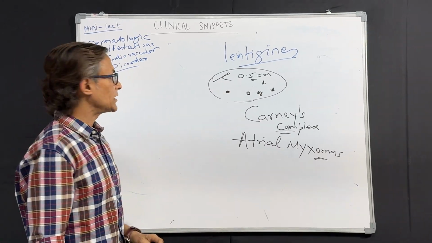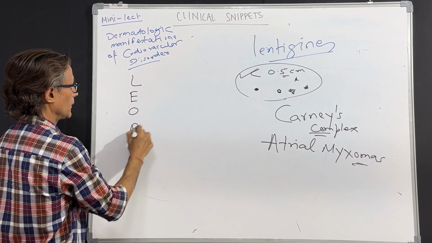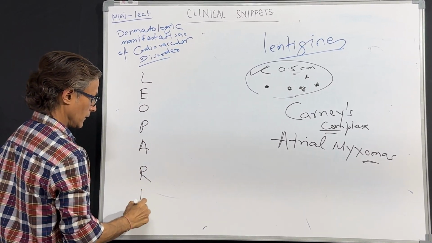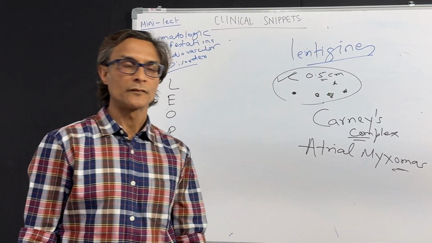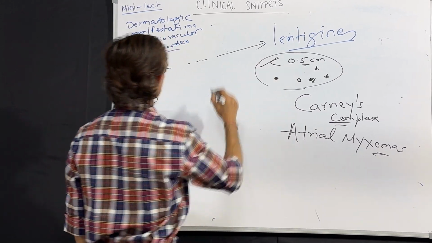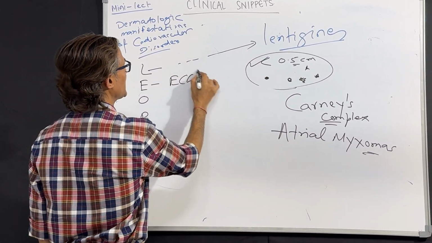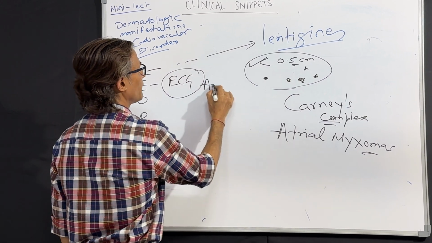Second, along with lentiginosis, another syndrome, Leopard syndrome. So what is the syndrome? That is L stands for lentiginosis, E stands for ECG abnormalities. So once we say ECG abnormalities, we are talking of arrhythmias.